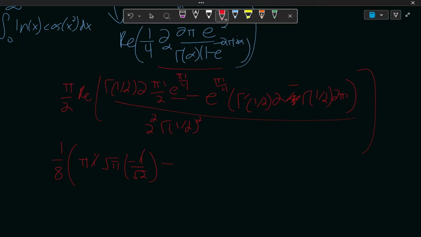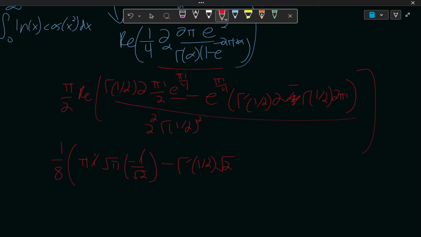So this first term is going to be gamma prime of 1/2, which is just real, and then times 2. But the real part of pi I over e to the pi I over 4 is just going to be 1 over the square root of 2. So we have 2 over the square root of 2, which we can just write as the square root of 2.